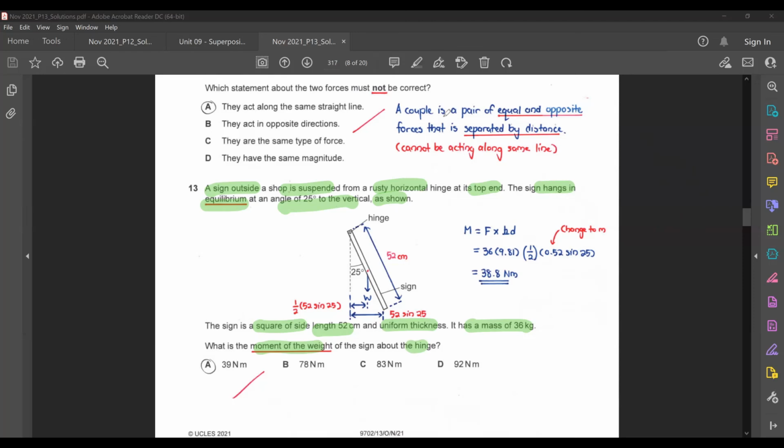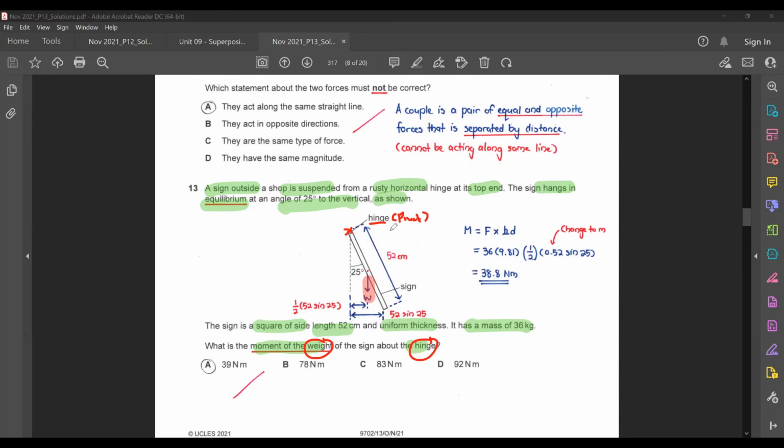So this one, they just want the moment caused by the weight about the hinge. So this one is your pivot. So what is the moment caused by the weight of the sign itself? The weight will be acting right over here in the middle.